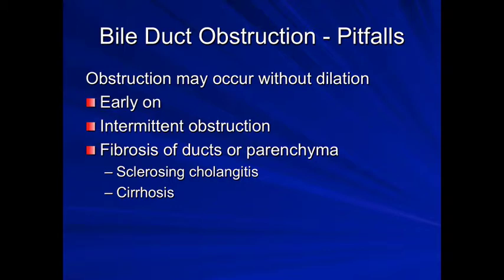Also, if you have cirrhosis of the liver, the parenchyma becomes more dense and so will prevent the dilation of the ducts within it. We'll go through during the course and show you more examples of all of these cases and all of these conditions so that you can try and get used to what their ultrasound appearance is like.